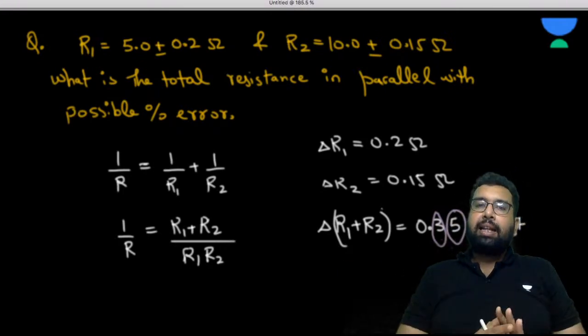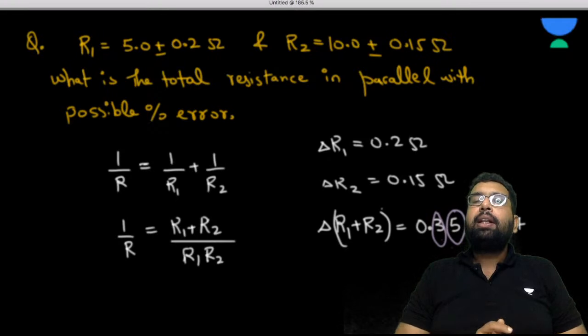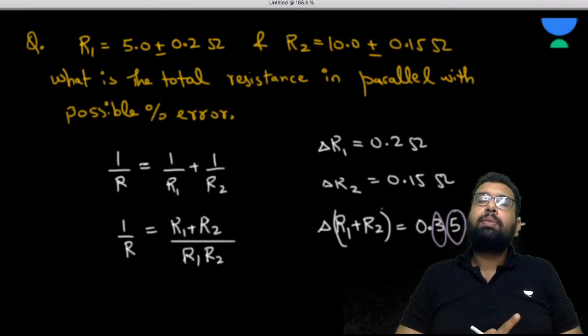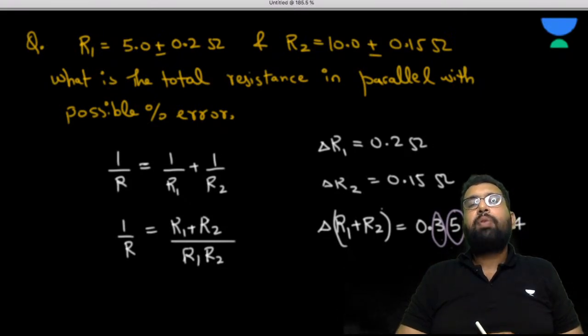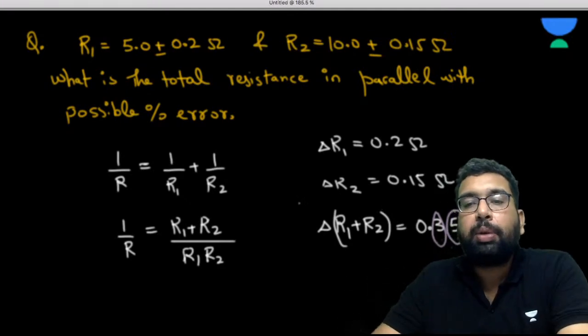When we add them, the final solution must have the same number of decimal places as the value with the least decimal places. 0.2 has the least decimal places, so we reduce the final addition to a single decimal digit. It is going to be 0.4.